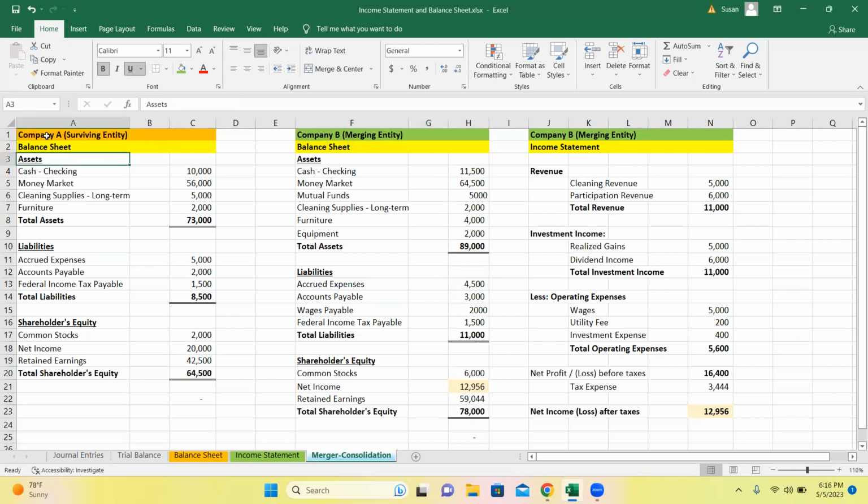It's merging into Company A, which is going to be the standalone surviving entity.